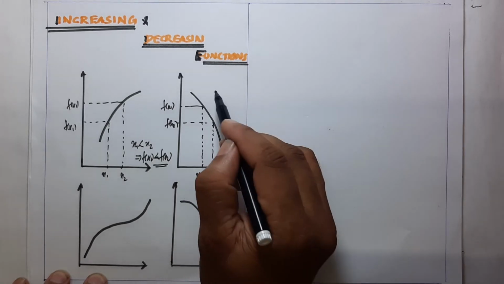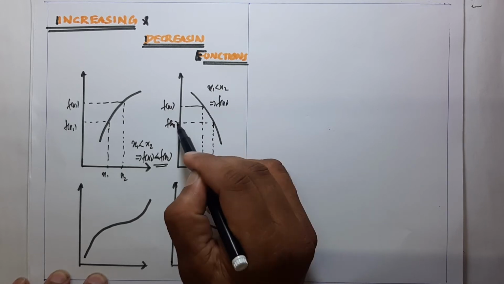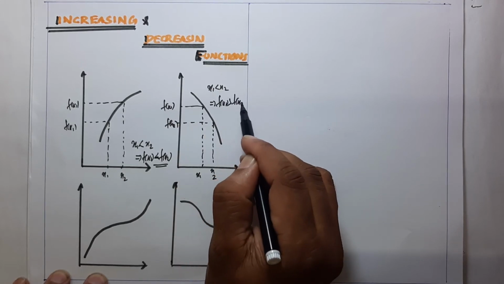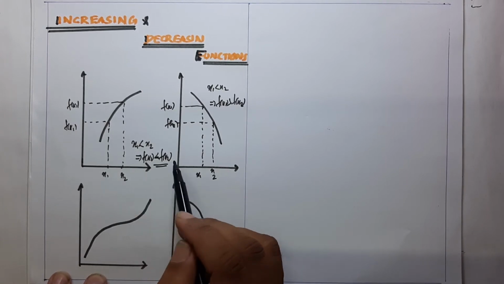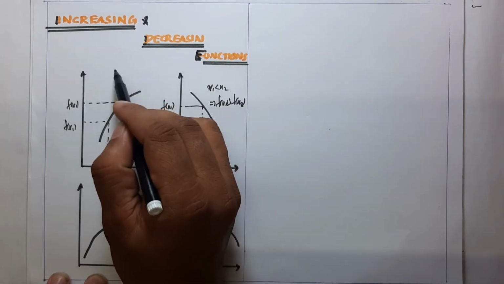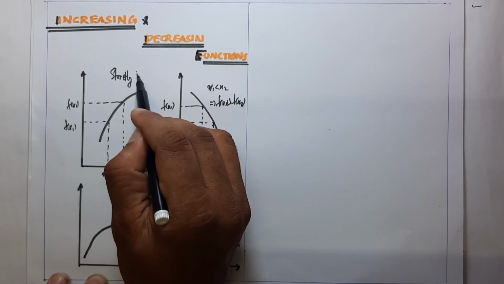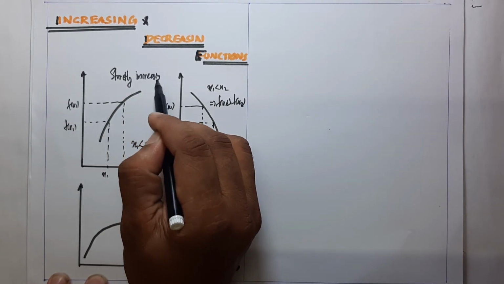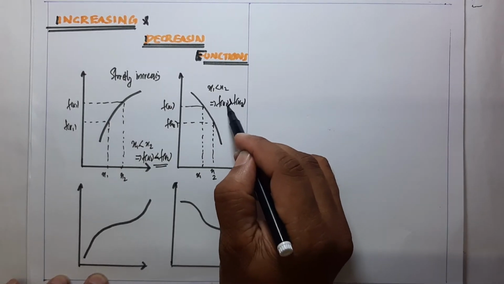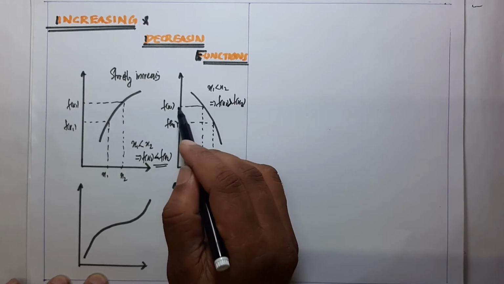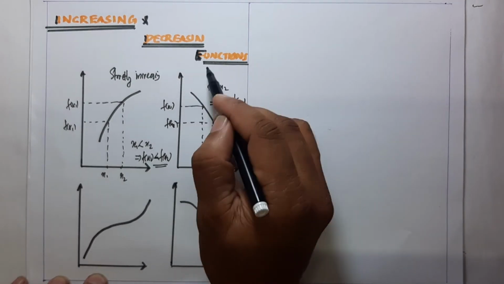As x1 less than x2 implies f of x1 is greater than f of x2, the y coordinate f of x1 is greater than f of x2, and therefore the function is said to be strictly decreasing.